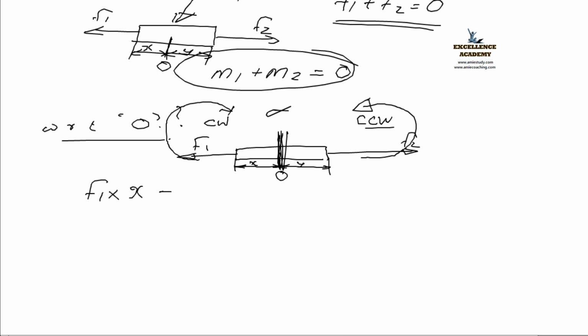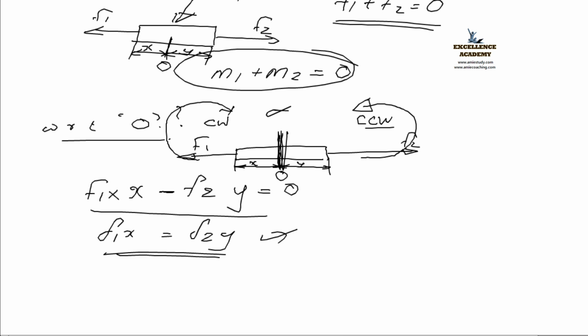That means F1X is equal to F2Y. Is it clear to all?